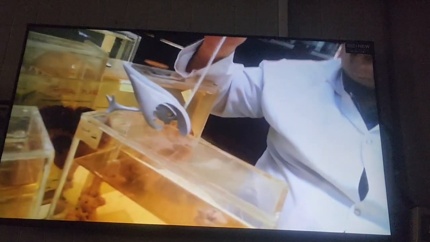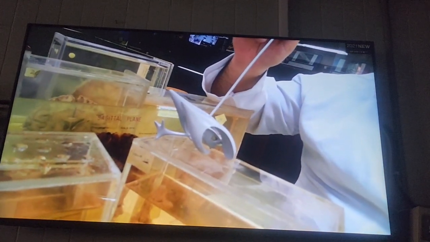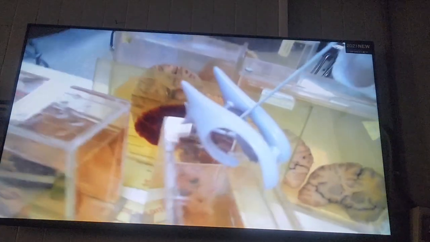This is important to distinguish between these, and these are the foramina of Monro that connect the third with the lateral ventricle. Now, this is the cerebral aqueduct that connects the third and the fourth ventricle.